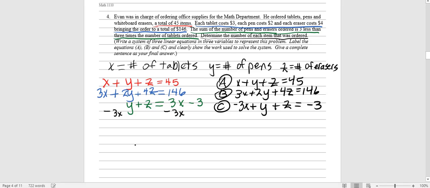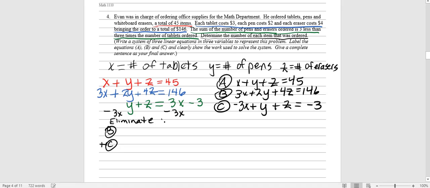So now I simply need to determine what I'm going to eliminate. And in this problem, it's just as easy to eliminate x as it is to eliminate y, as it is to eliminate z. I'm going to choose to eliminate x simply because right off the bat I see if I use B and C, I don't need a multiplier, and I can simply add B and C, and that will result in the elimination of x.